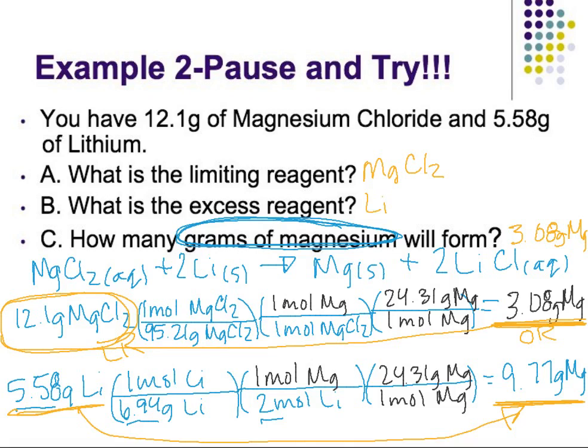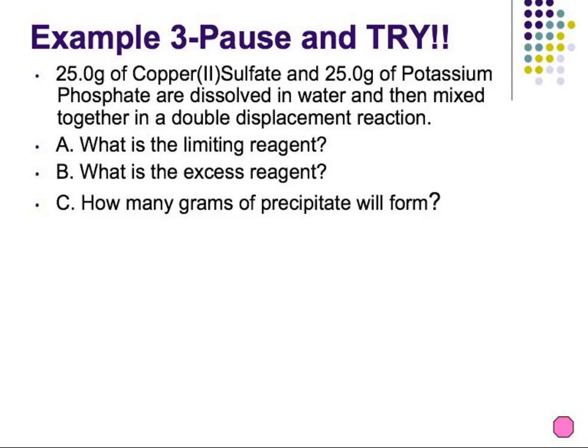And there's example 2. One more example. Try it out on your paper, and now I'm going to do it. So, on this reaction, we're going to have copper sulfate, which is CuSO4.